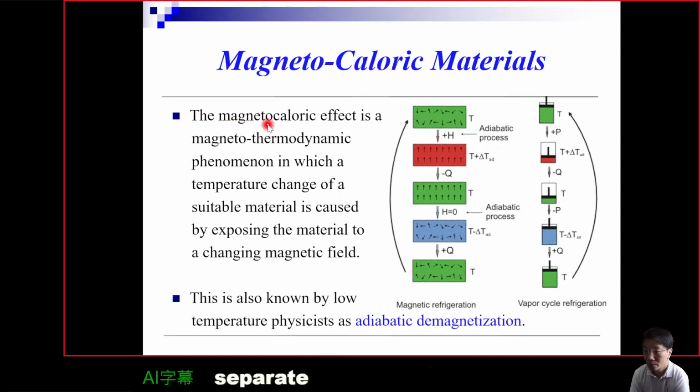The magnetocaloric effect is a magneto-thermodynamic phenomenon in which a temperature change of a suitable material is caused by exposing the material to a changing magnetic field. Shown here is the figure for this mechanism, which physicists typically call adiabatic demagnetization.